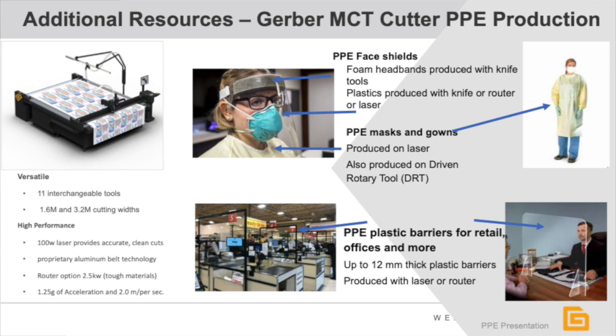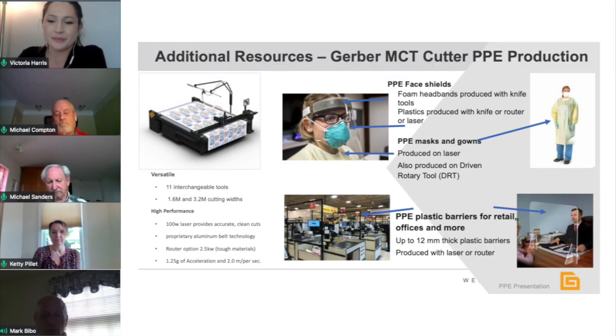As retail stores open up, we're just seeing an incredible demand for plastic barriers. In retail areas, plastic barriers are being put around cash registers, and even in workspaces, plastic barriers are showing up to separate areas within the workspace. With the MCT cutter, you can actually cut up to 12 millimeter plastic, and with the laser or the router.